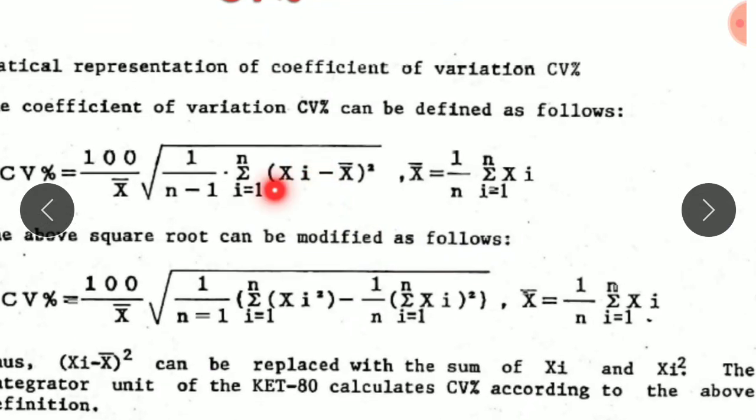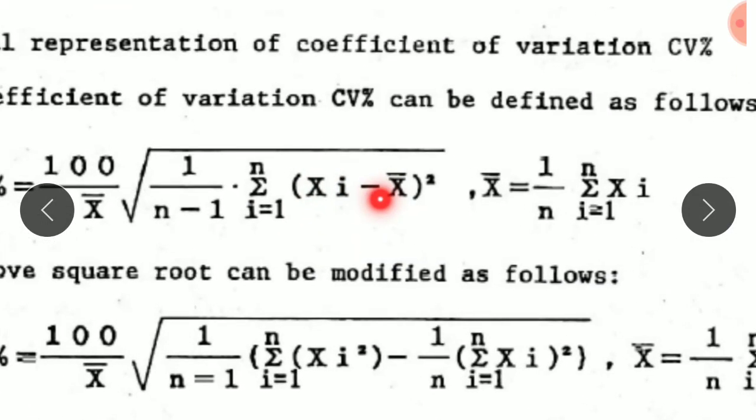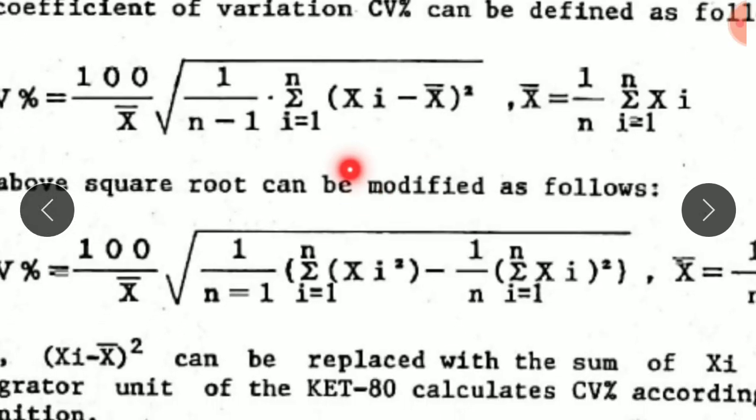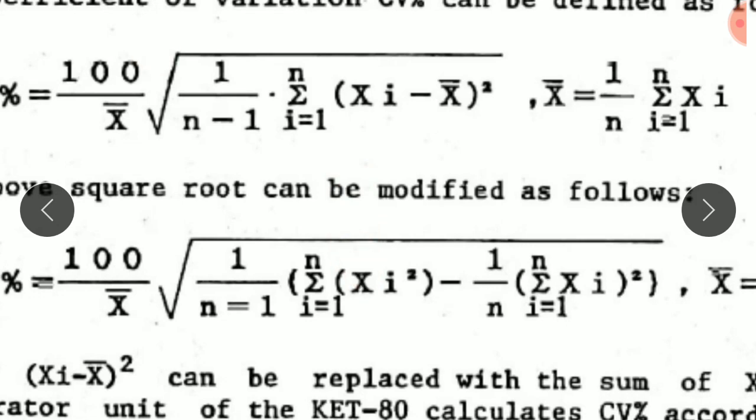Now if you open out this bracket, x minus xi bar, and then calculate, it works out in this form. So for calculation of the CV, we are taking simply the square of xi, meaning the instantaneous value.